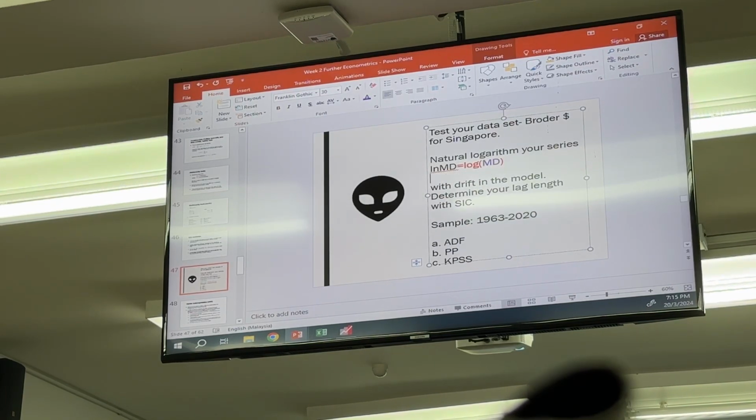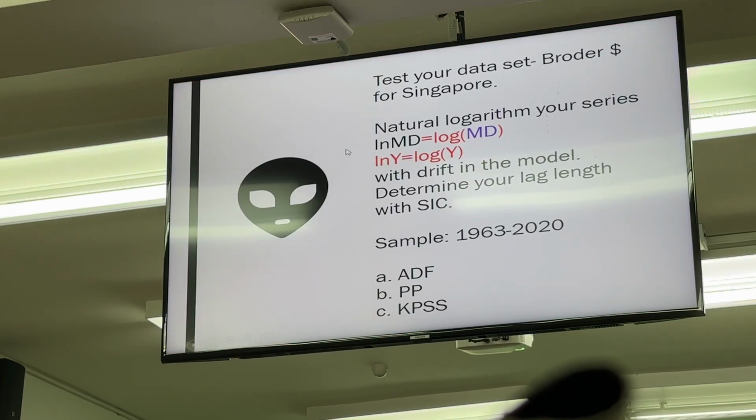Just put LNY equals log Y. You don't need to copy the colors, they are just for your reference. This is the new name, this is the command, and Y is my variable in the Excel. So this is how we generate the command in EViews.